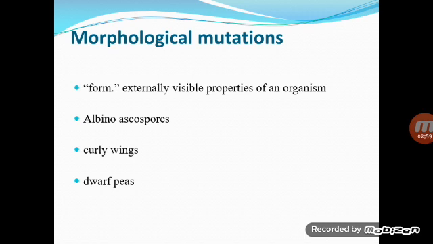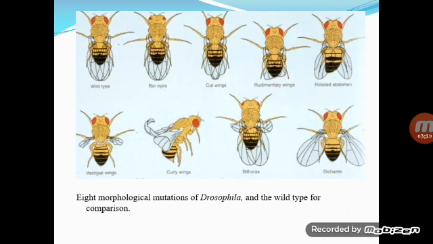Here we observe morphological mutation in Drosophila. You look here, 9 different Drosophila flies with their different morphology.